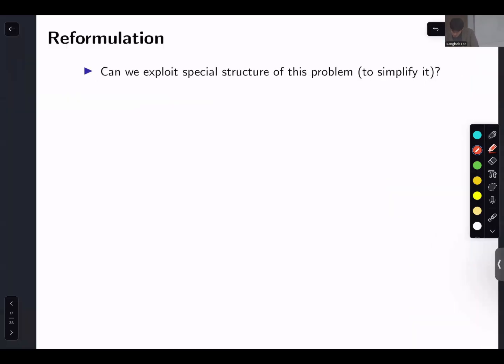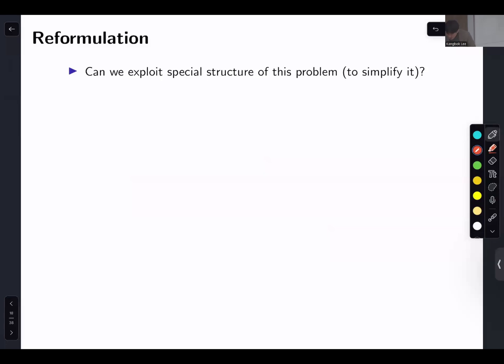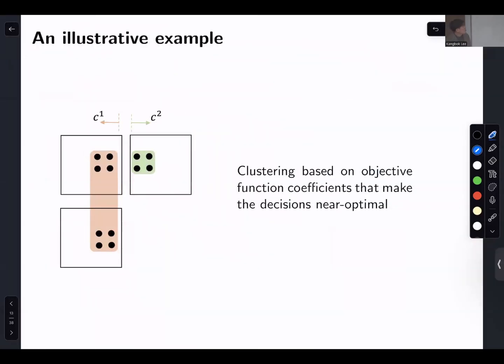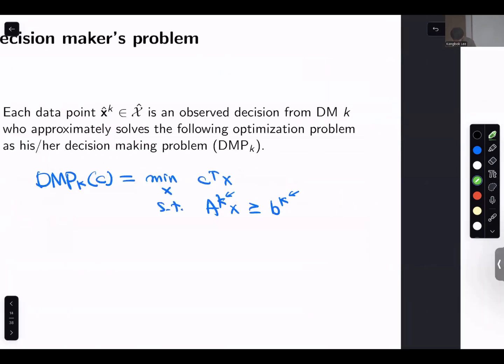Now, there's a theory that says, very much like what you observed here, when you try to cluster these 12 data points, you realize that for each cluster, the representative C vector is actually perpendicular to one of these hyperplanes. Like this. Okay? And this is actually the structure of an optimal solution for this preference-based clustering problem.